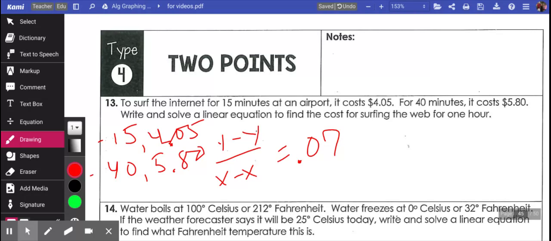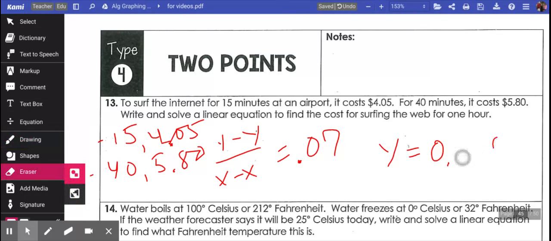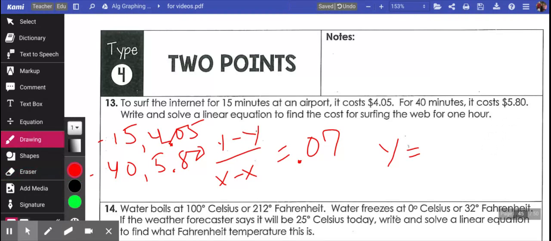And you're going to get the equation y equals 0.07x. Oh my golly, let me erase that. I'm having difficulty here now all of a sudden. 0.07x, and then you're going to get plus 3.